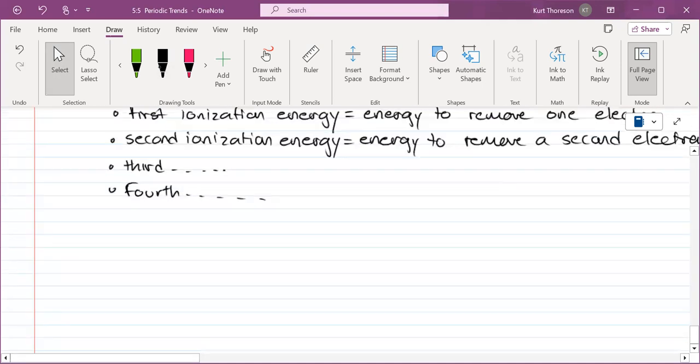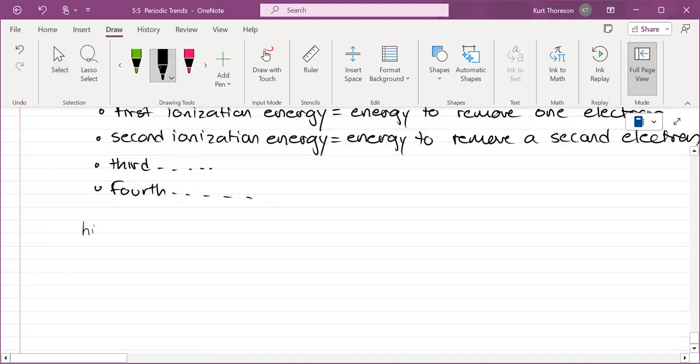What I left off with yesterday is this. You could have a high ionization energy. This means the nucleus has a strong hold on the electrons.